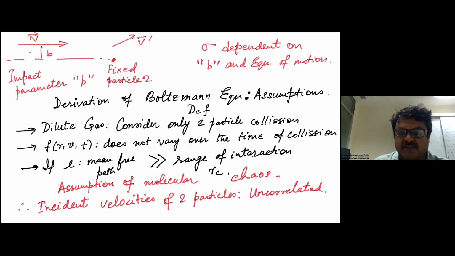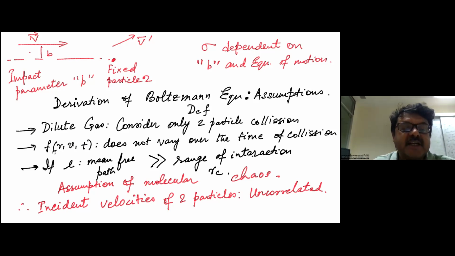On the right hand side of the Boltzmann equation, which we previously treated using the single relaxation time approximation, to go further we are going to assume a dilute gas, so that we only need to consider two-particle collisions.